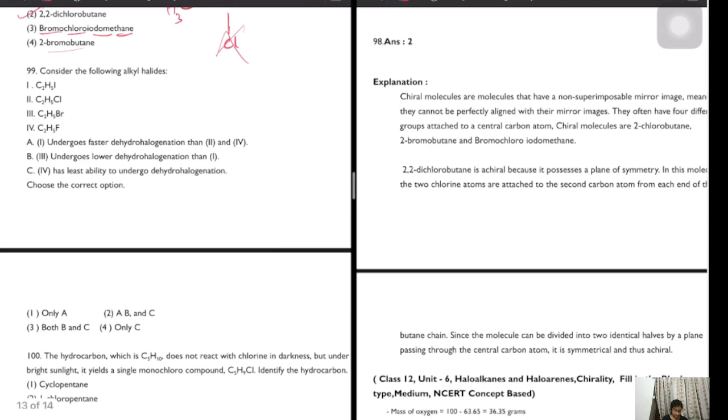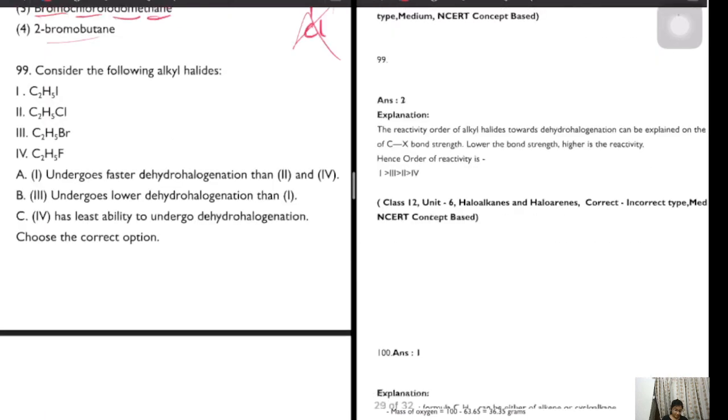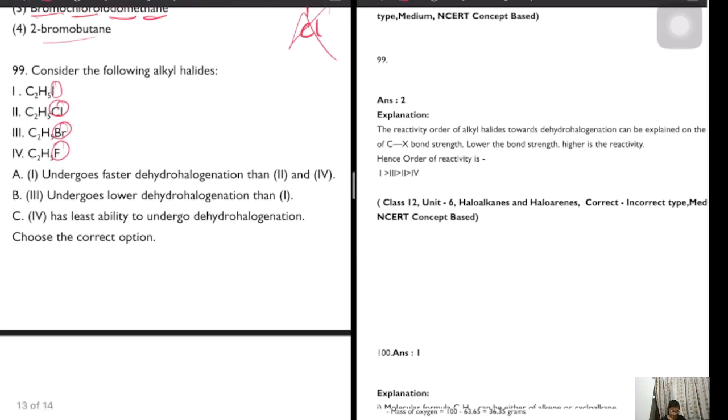Now in the next question, consider the following alkyl halides. See, the ethyl group is same. What is different is this. We have to tell that statement 1 says 1 undergoes faster dehydrohalogenation than 2 and 4. 3 undergoes slower dehydrohalogenation than 1, and 4 has the least reactivity to undergo dehydrohalogenation.